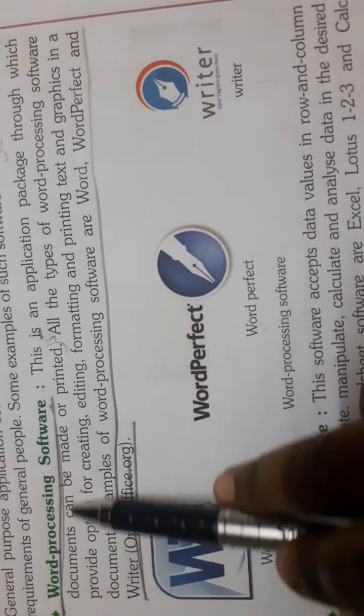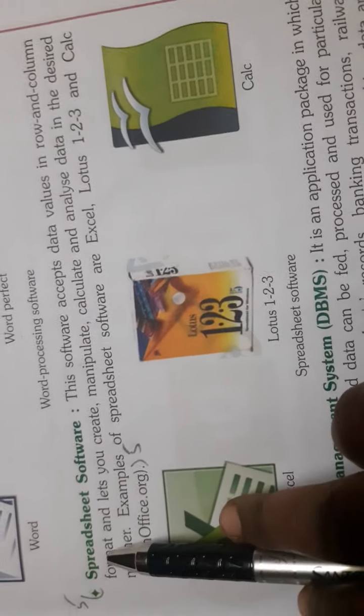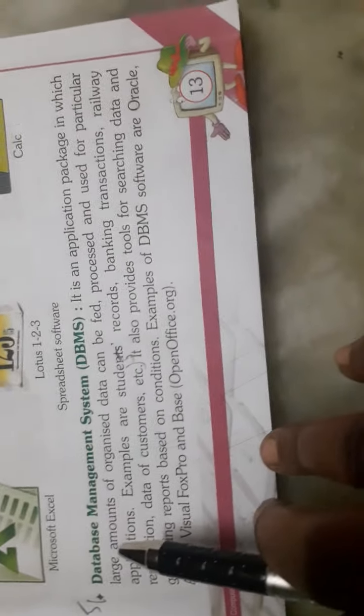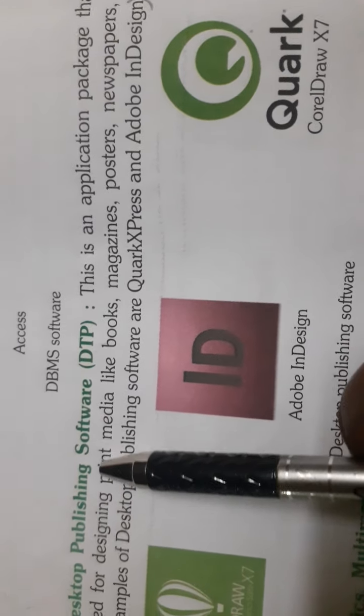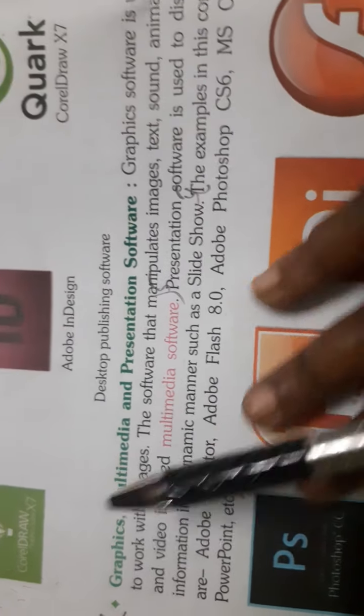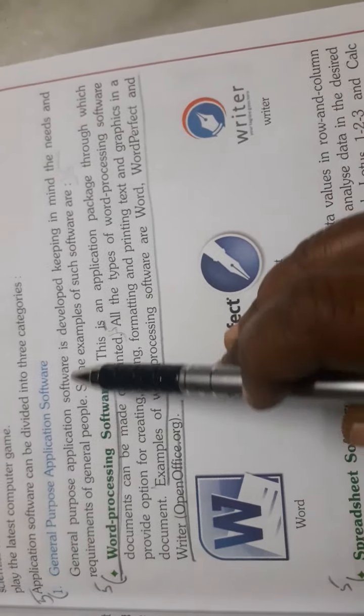Those are word processing software, spreadsheet software, database management system software, desktop publishing software, and graphic multimedia presentation software. So these are the 5 types of general purpose application software.